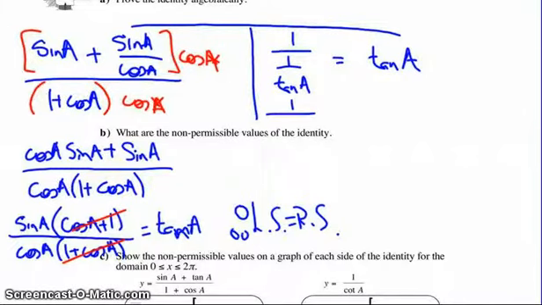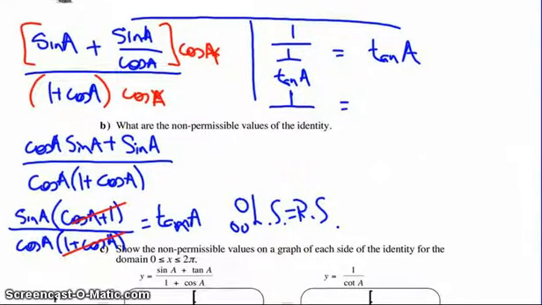This is 1 over tangent A, which is 1 over sine A over cosine A. So this would be cosine A over sine A, which would then be equal to sine A over cosine A. So in the process, you have to look and see, when are these things equal to 0? When are the denominators? What are the denominators in each of these expressions?